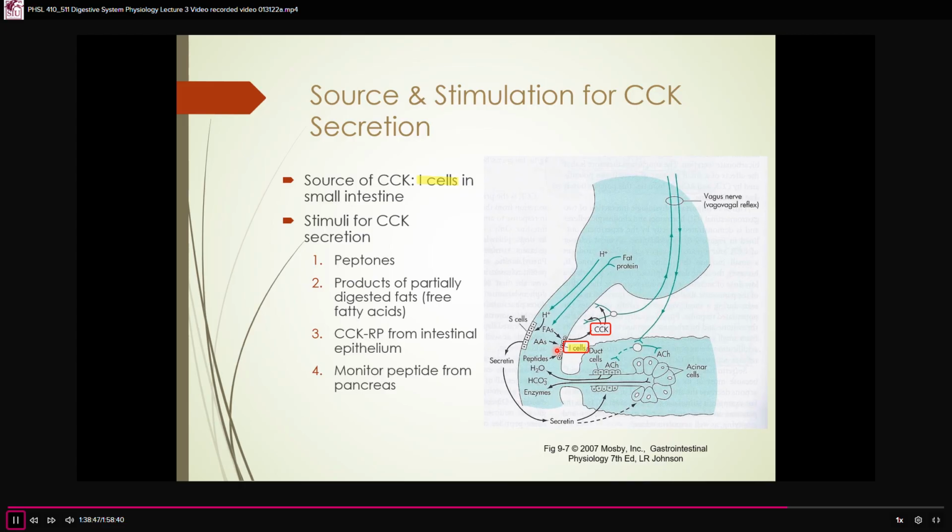And there are going to be 4 major stimuli that activate these I cells to release their CCK. Products of fat and protein digestion that went on up here in the stomach. So intact proteins aren't as effective at activating those I cells, but those peptones, remember the partially digested proteins that were made by the actions of pepsin up in the stomach, are very effective at activating the I cells.